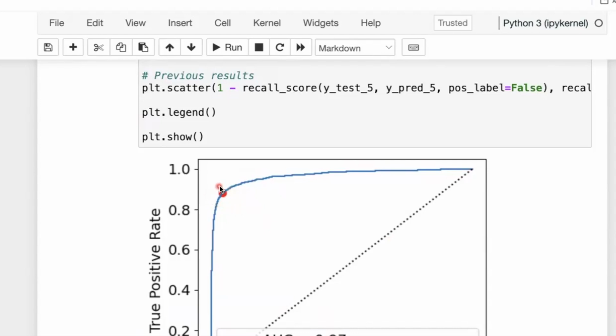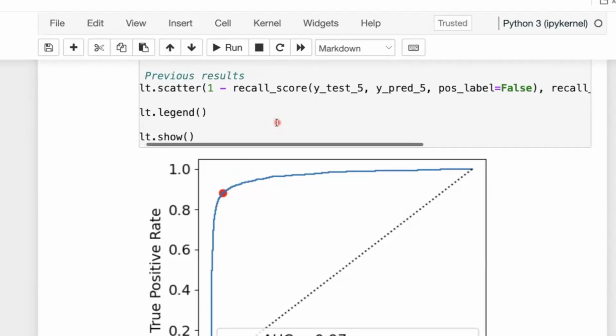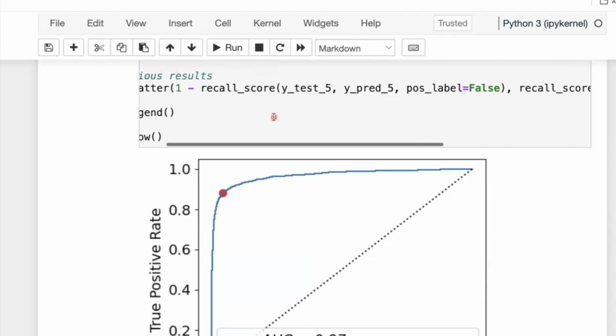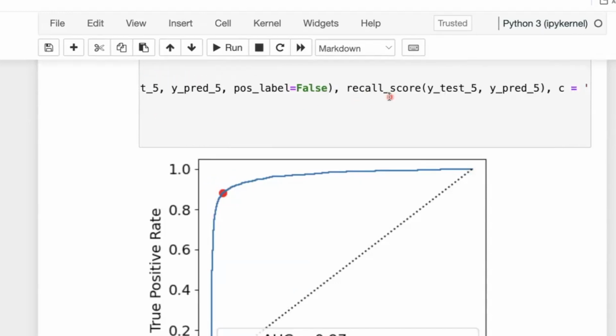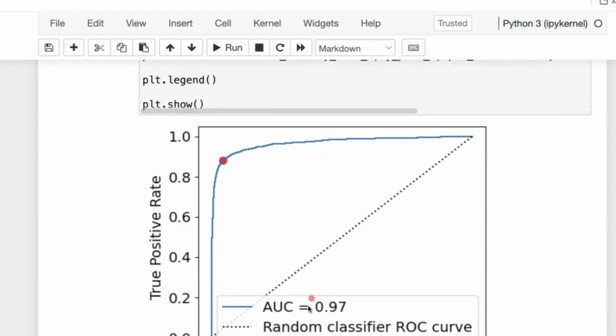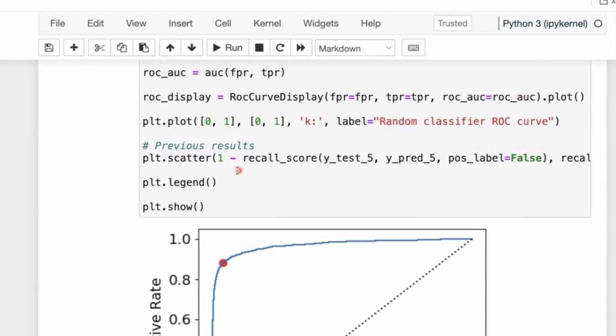And again, this red circle that we have here is the case when we use 0.5 probability as the threshold to decide whether a class is positive or negative. The only thing we need to think about here is that, for the recall score that we had before, now on the x-axis we have the false positive rate, where you have to use 1 minus the recall score, right?